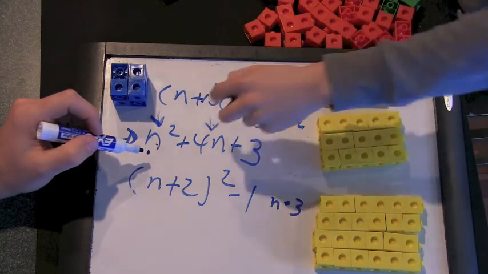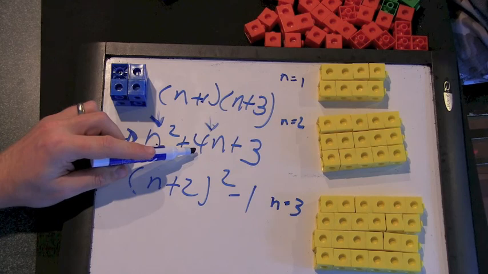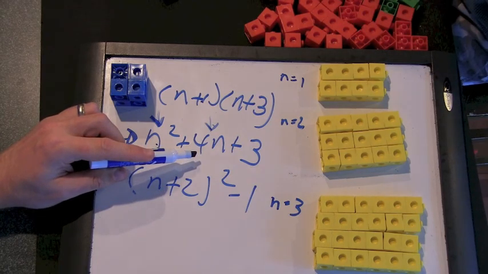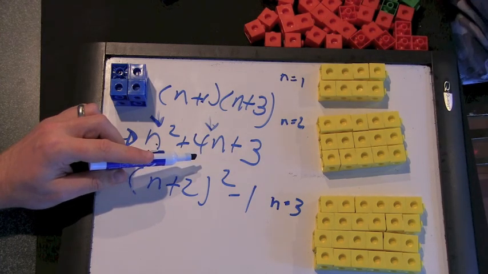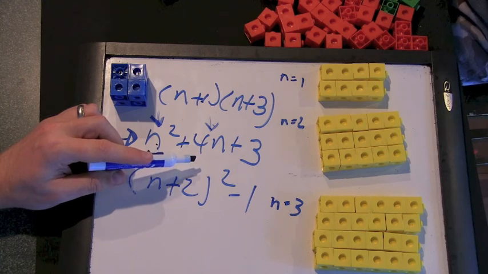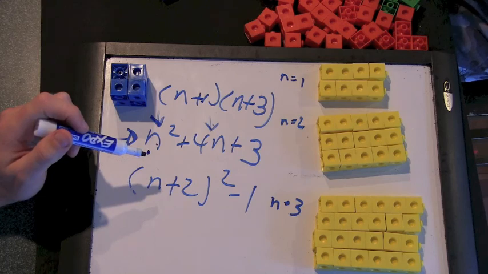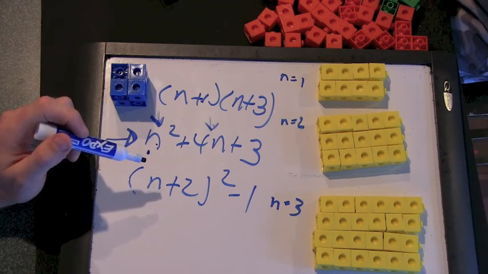Then we would have 4n. Remember, n is 2 here, so now we've got to add 8 more on, and then plus 3. Well, this looks like it's too big.